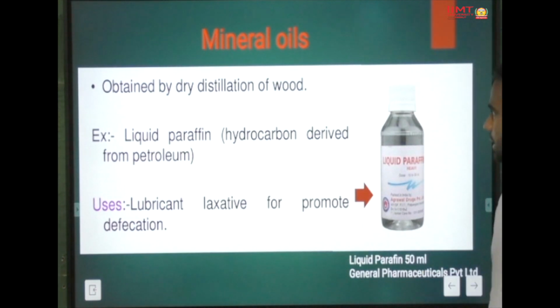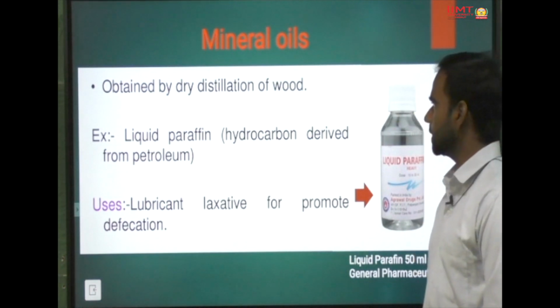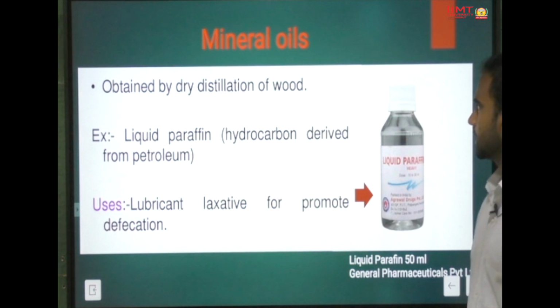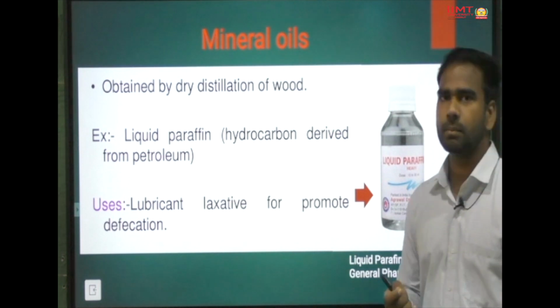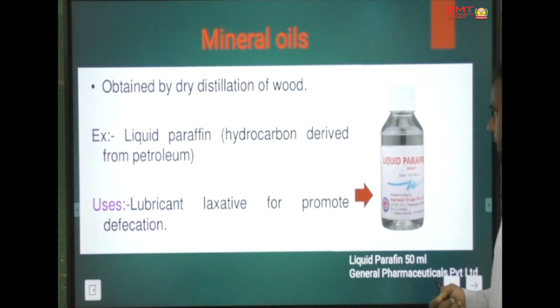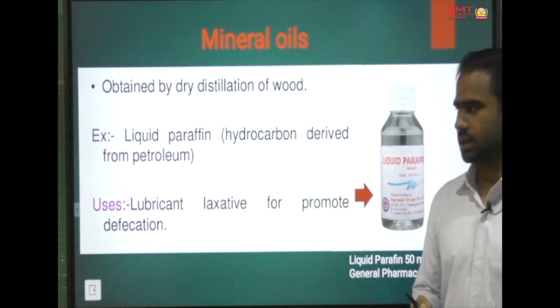These are the mineral oils. Mineral oils are obtained by the dry distillation of woods. For example, liquid paraffin is the most common example of mineral oil, and it consists of a maximum complexity of hydrocarbons derived from petroleum components.